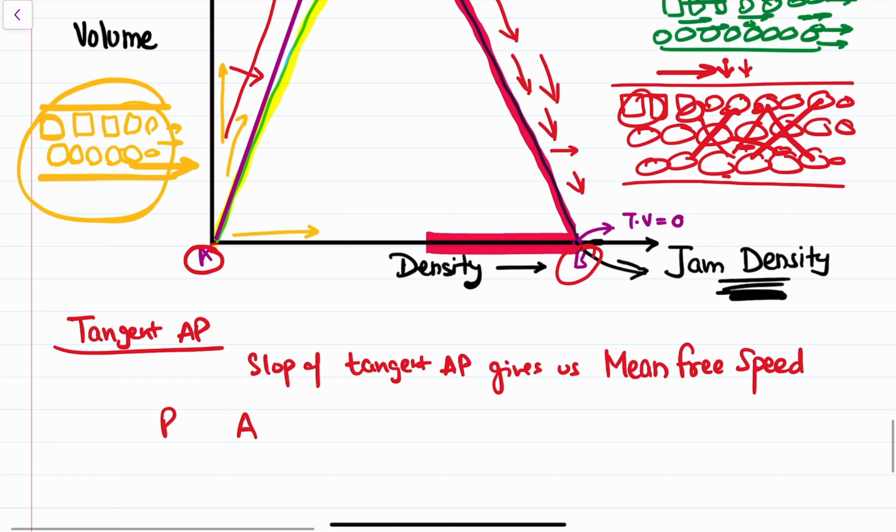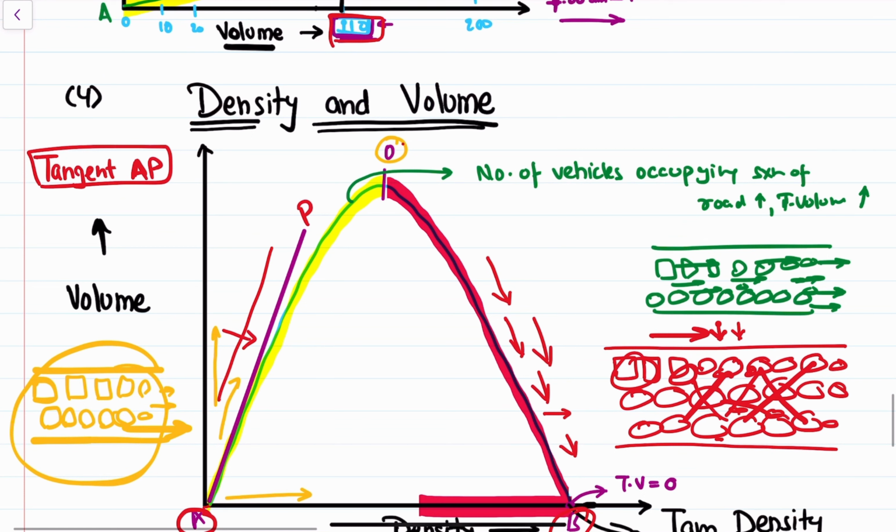Right, the point A, what does it represent? It represents zero flow, zero density. While your point O refers to the maximum what?